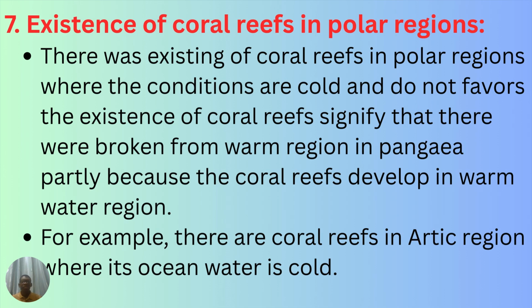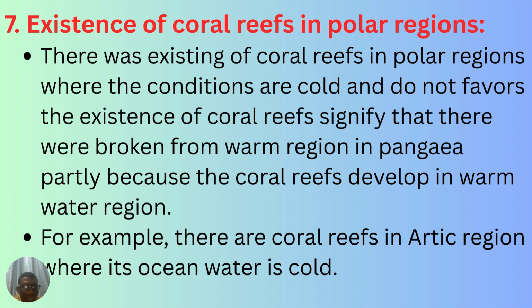Then we have the existence of coral reefs in polar regions. This is another strong evidence, because coral reefs actually develop in the tropics where there is warm ocean water. But here we see there are some coral reefs that have been formed or are present in the polar region where the water is cold.